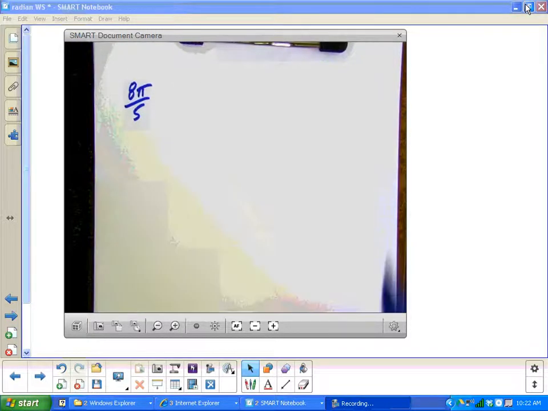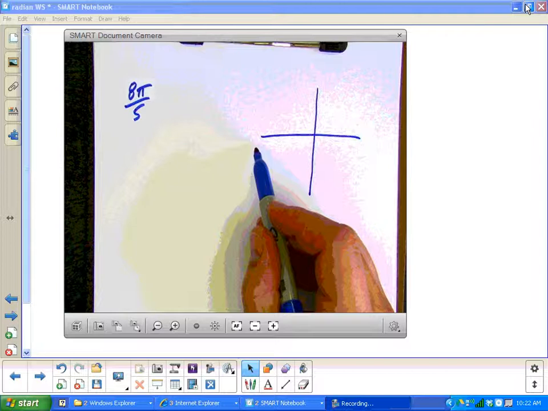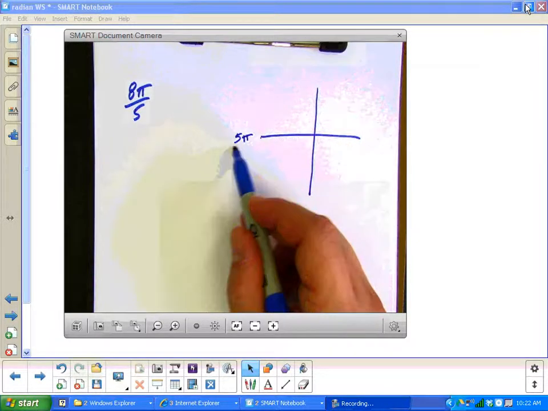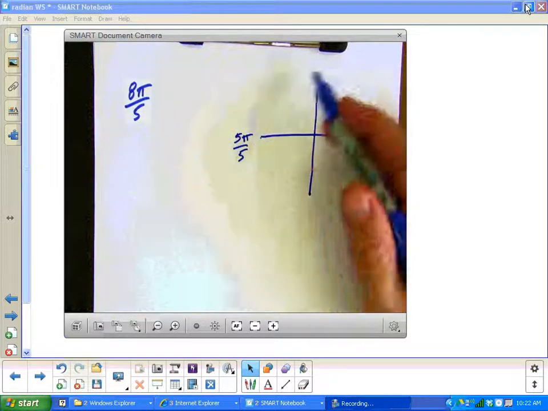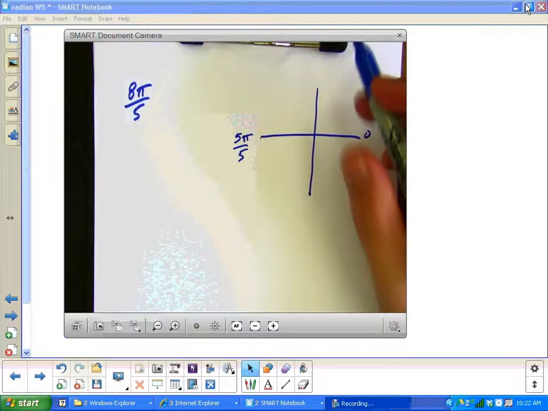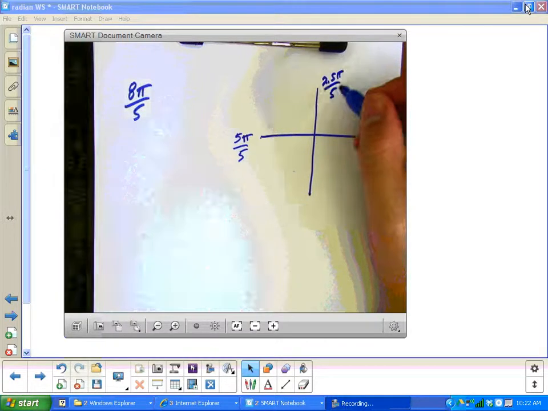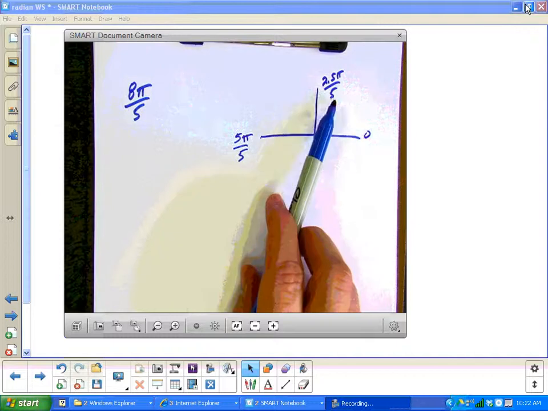All right, so let's draw this one. Let's think. This would be at pi, I would call it 5 pi over 5. Halfway to 5 pi over 5 would be 2.5 pi over 5, so every 90 degrees is 2.5 over 5.